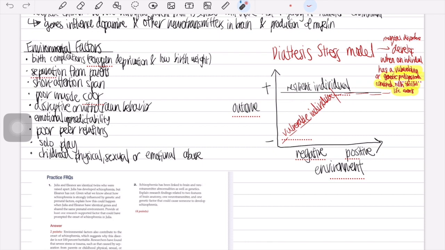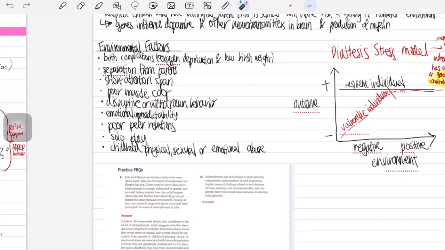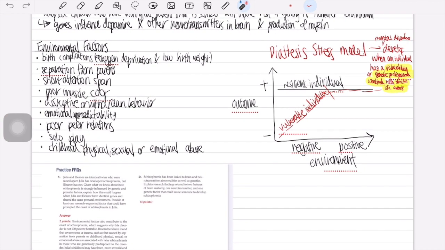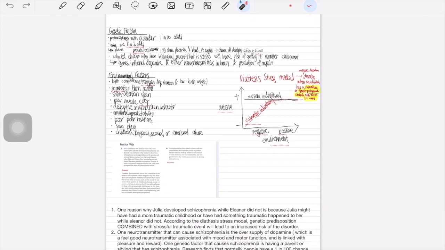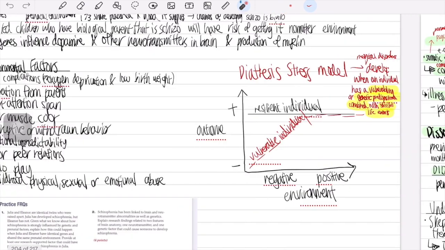And also if they have poor muscle coordination, or they have disruptive or withdrawn behavior since young. And this could also be caused by traumatic events such as childhood physical, sexual, or emotional abuse, which could trigger schizophrenia.